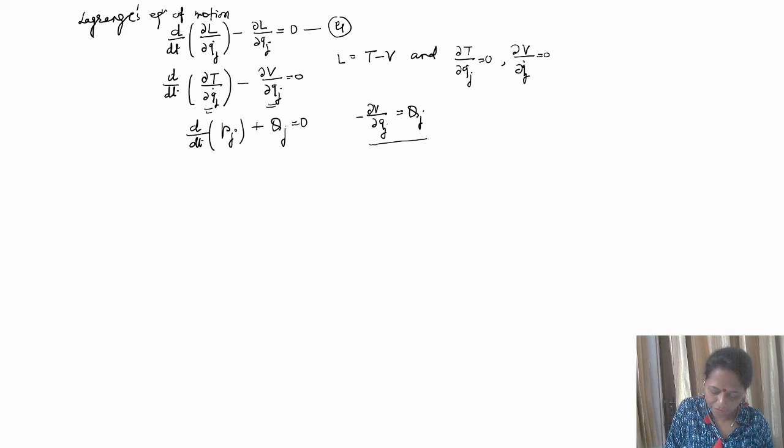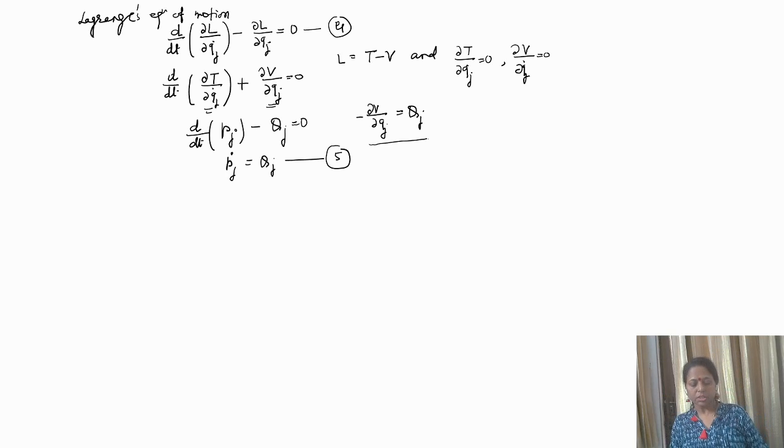So you are left with, L is T minus V, sorry, this will be plus, and so this will be minus. Pj dot is equal to Qj. You have this relation. This is the second part, when we show that Pj dot may be written in terms of Qj.